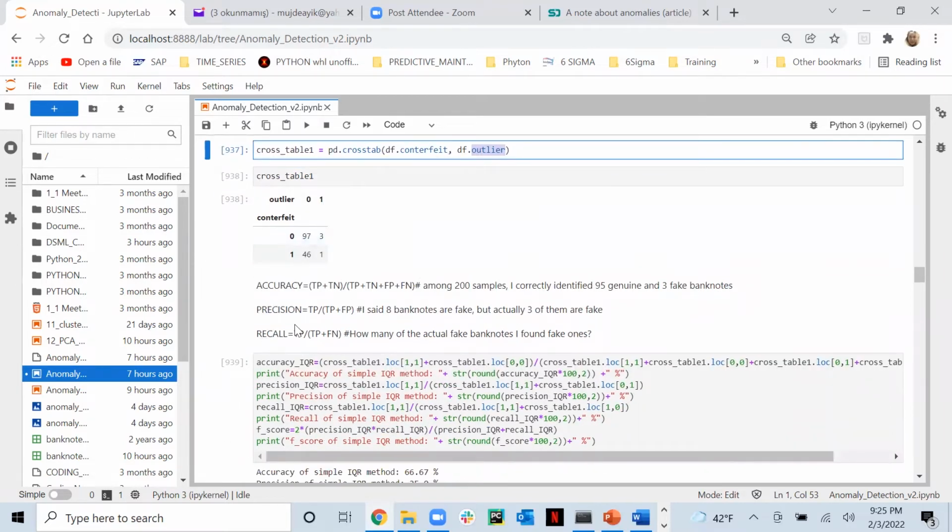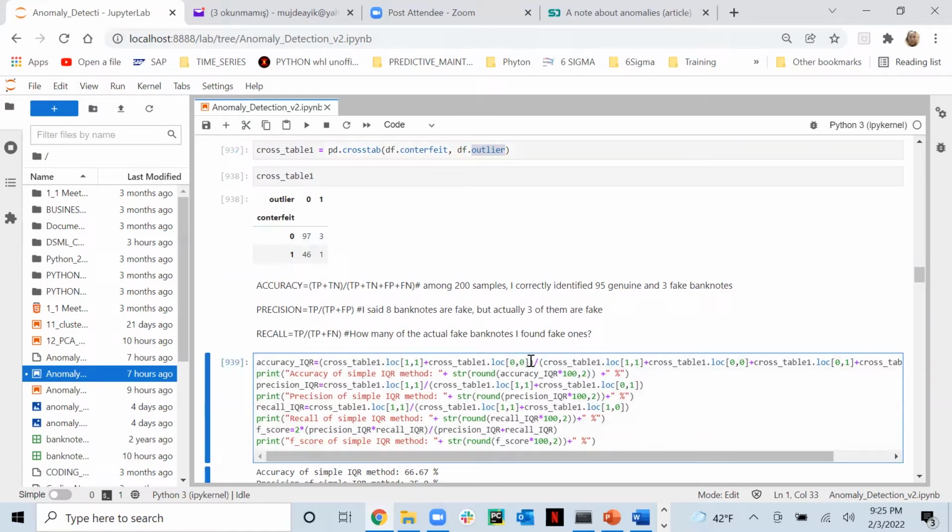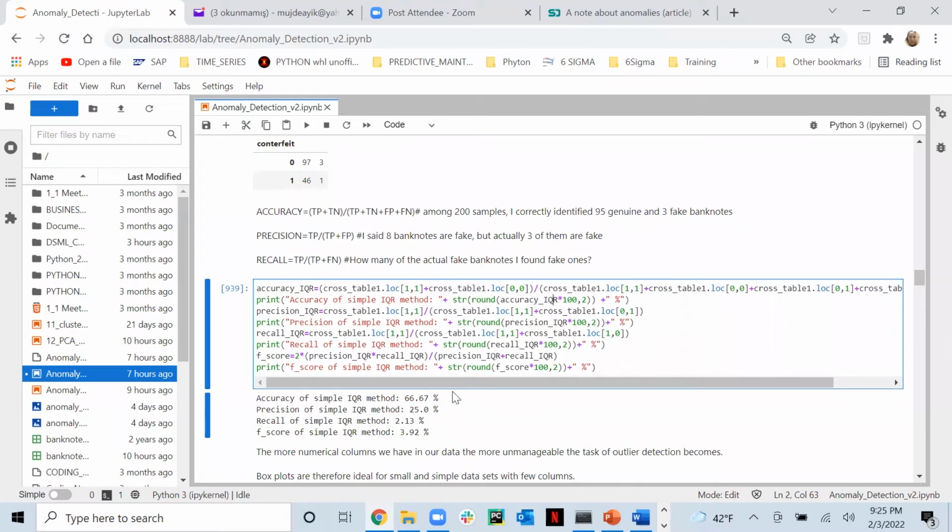I'm looking at all the performance metrics, and just to explain better to people, maybe students, I use the formulations myself. Looking only at the interquartile range method, we get an accuracy of about 67%.